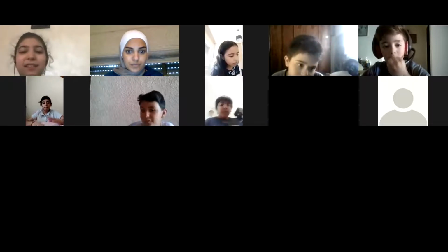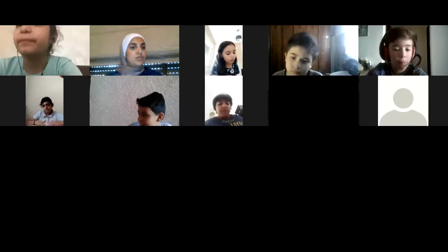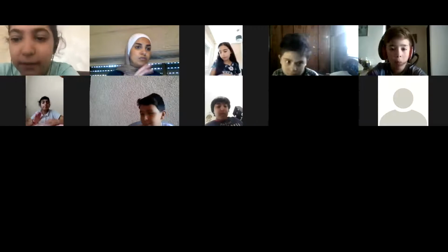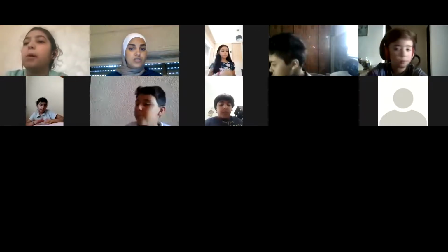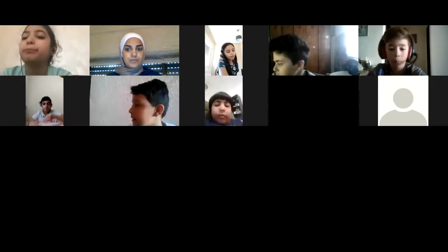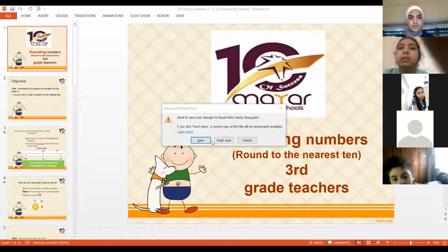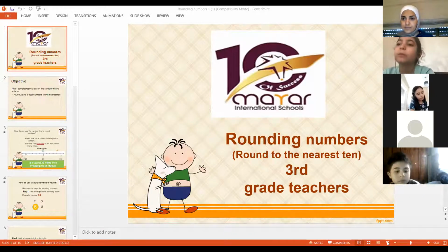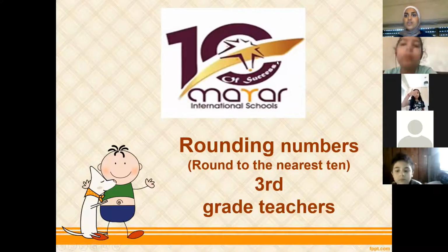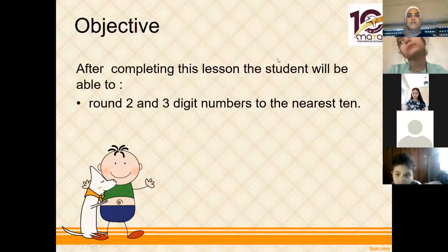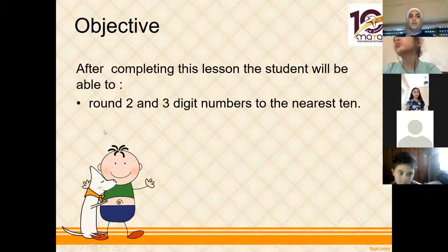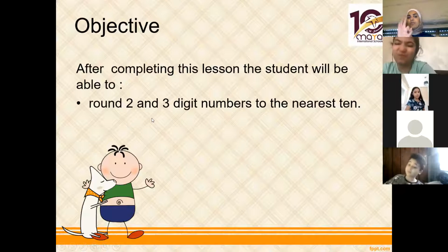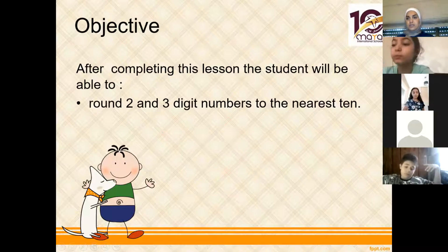Today, we will round to the nearest 10 and then we will move to rounding to the nearest 100. Okay? Can you see my screen? Good, very good. Now, we will round 2 and 3-digit numbers to the nearest 10.